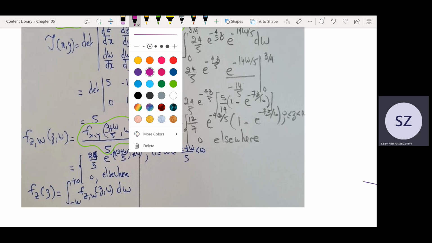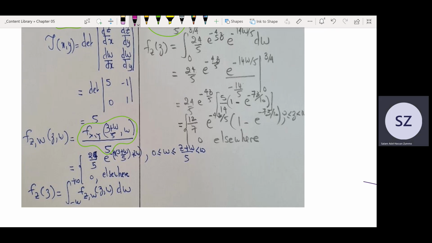Something a bit brighter. Okay. So basically Z, this point here is equal to what? This is W until the integration. So the integration of W goes from 0 to this point. But what is this point? This point is Z plus W over 5, right?